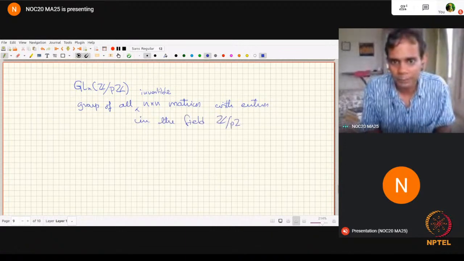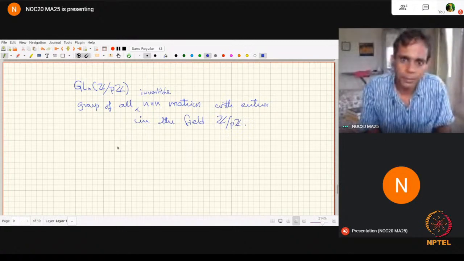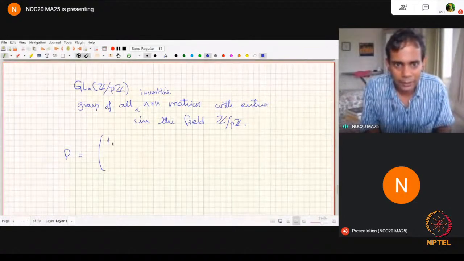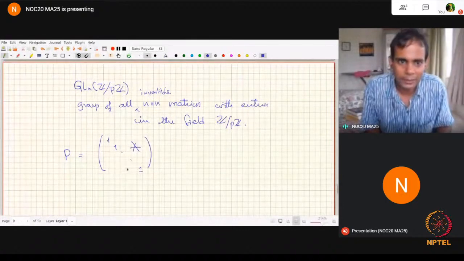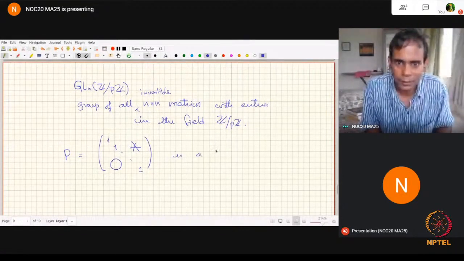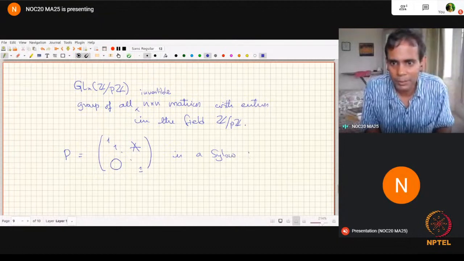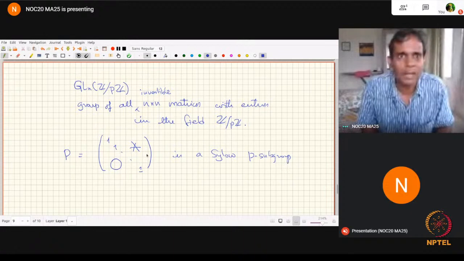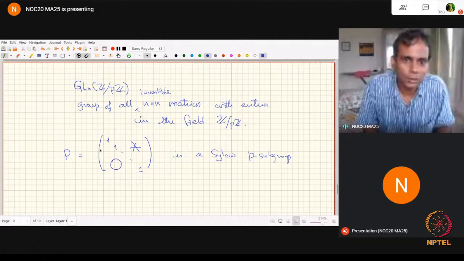An example of a Sylow P subgroup here is something like this: 1 on the diagonal, anything for the entries above the diagonal, and 0 below. This is the Sylow P subgroup, and all other Sylow P subgroups are conjugate to this. So you just need to figure out the group that stabilizes this. GLN Z mod P acts on these Sylow P subgroups by conjugation.